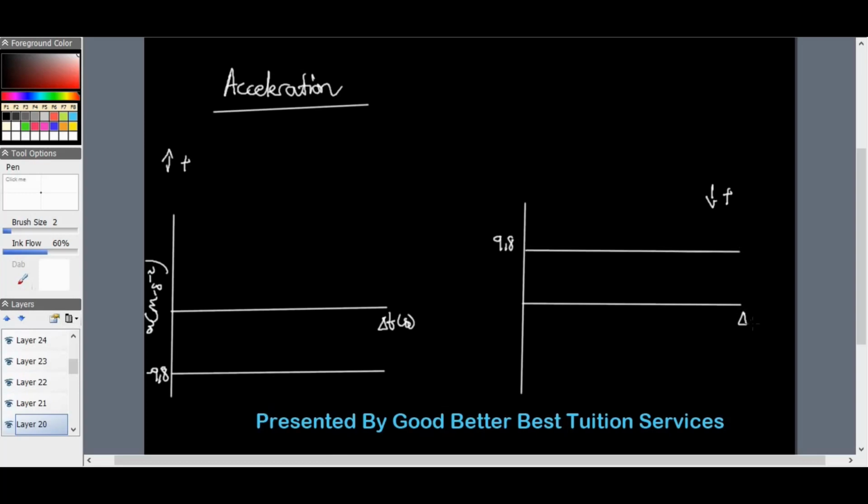Okay, and it will be on the positive side of the graph. Okay, that's how it looks for up and downward as positive, and that's why I said acceleration is by far the easiest graph to ever draw.